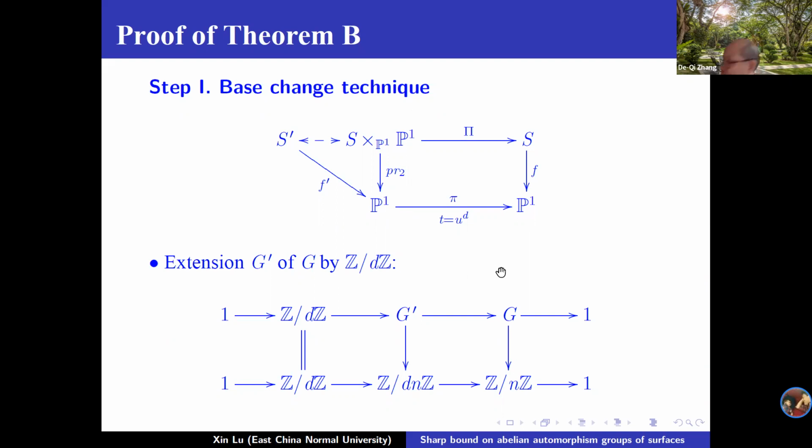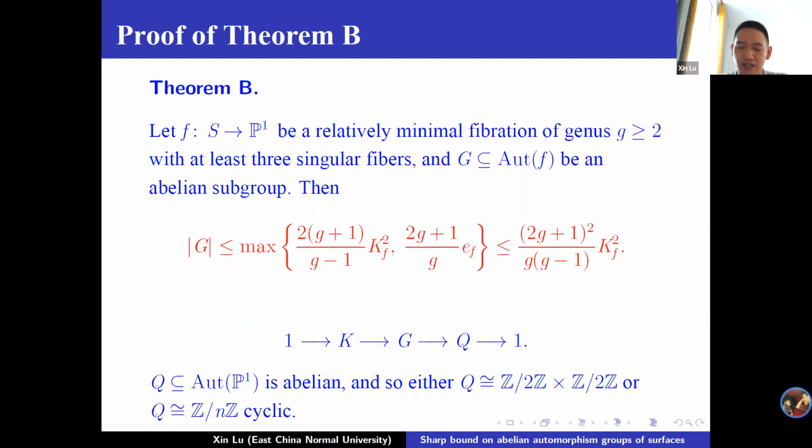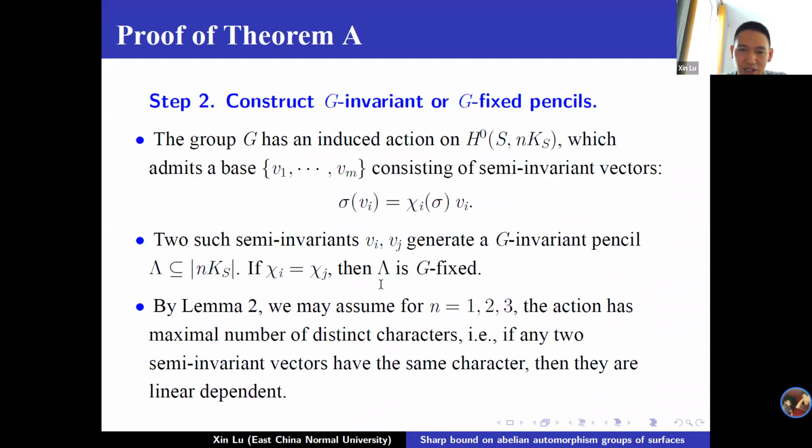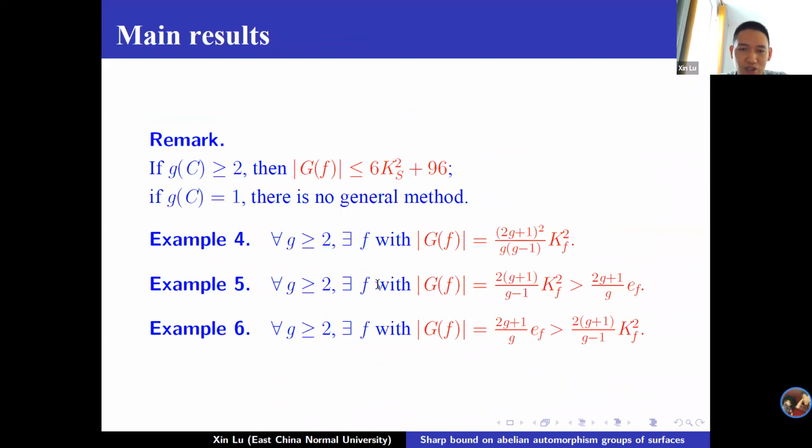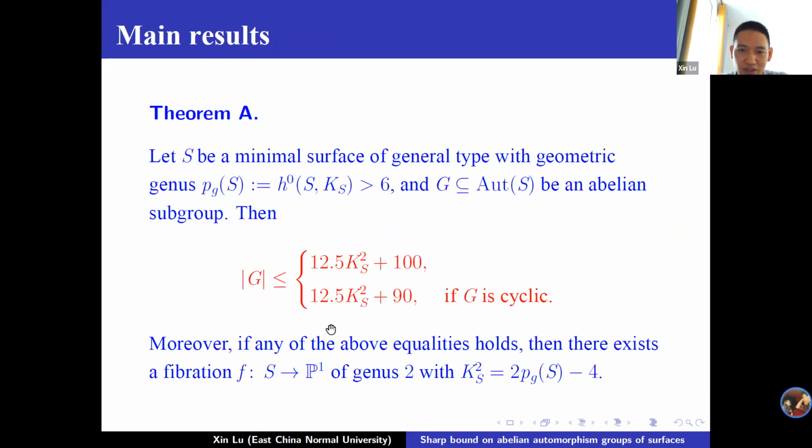Maybe one more question. You say that if the equality is true, then you have a genus 2 fibration, right? Yes. Here, if you mean the equality in the first theorem, this one. And then this genus 2 fibration is unique.